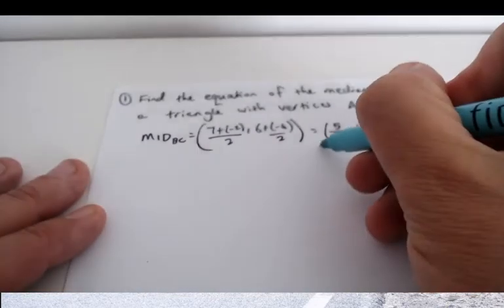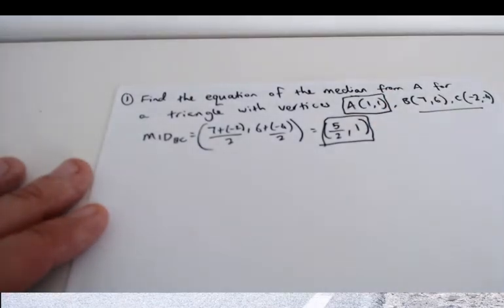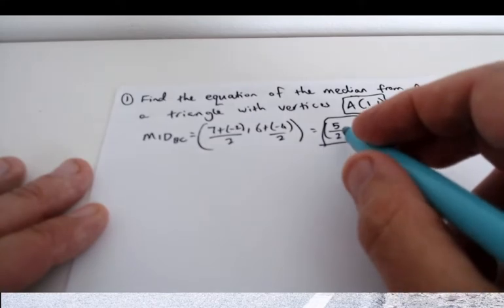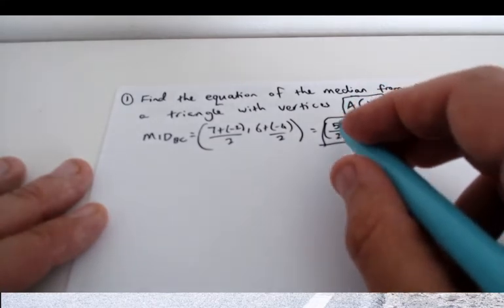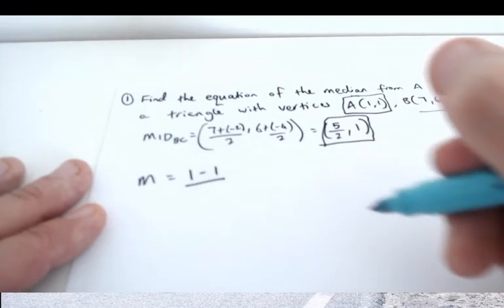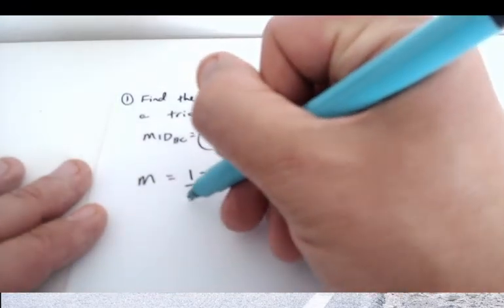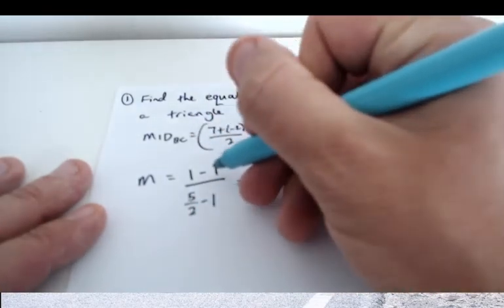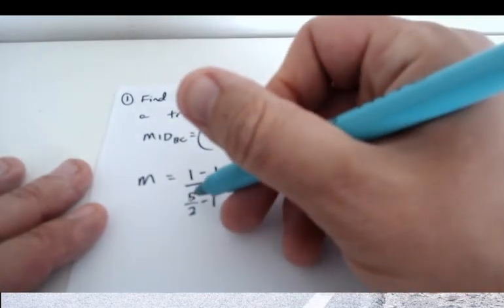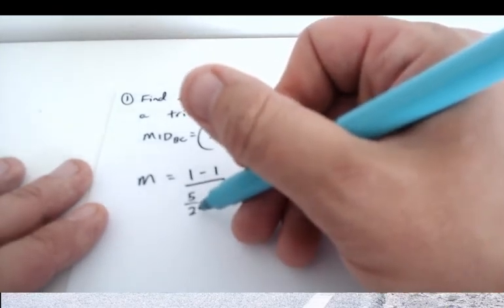So I'm going to use the midpoint, and I'm also going to use the median from A, so I'm using A as my 2 points for my gradient. Let's see if you've been able to cope with this fraction. 5 halves, which is 2.5. So the gradient is going to be 1 take away 1 over 5 over 2 take away 1. 1 take away 1 is 0. 5 halves, 2.5, depending on how you want to look at it, take away 1.